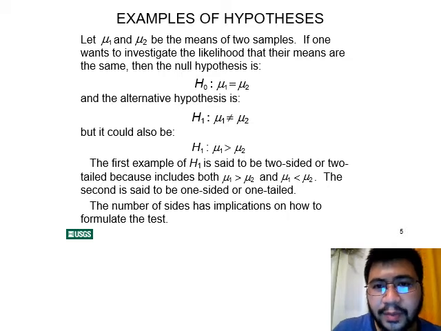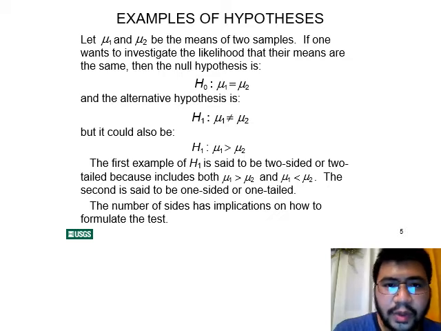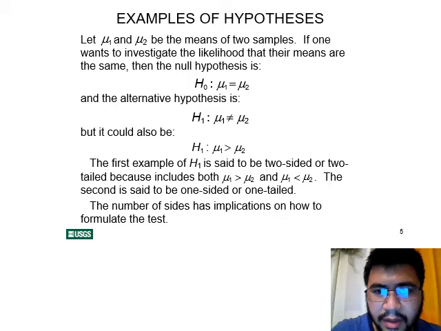Now let's talk about hypothesis. Hypothesis, plural. All right. Null hypothesis. One good example of that is as shown here. You have mu one and mu two, and yeah, this is our null hypothesis.